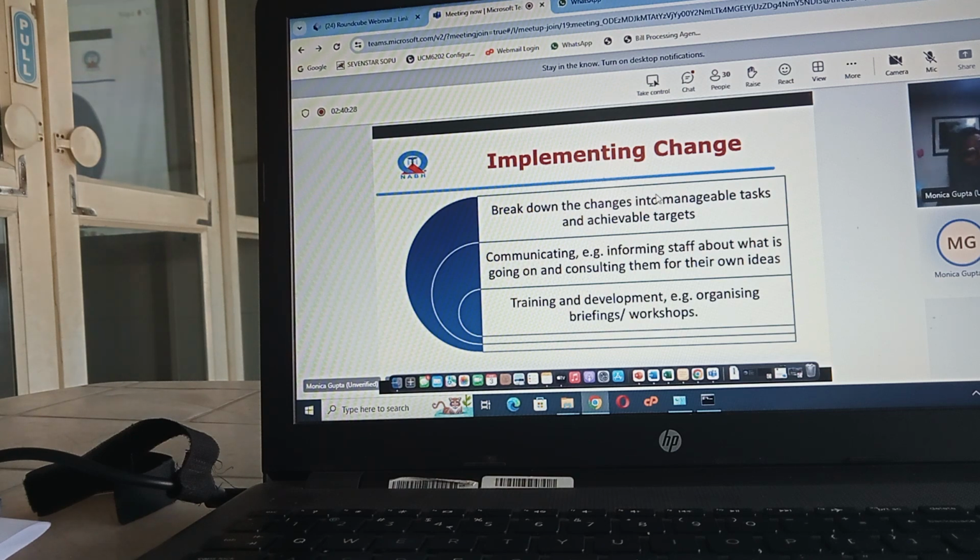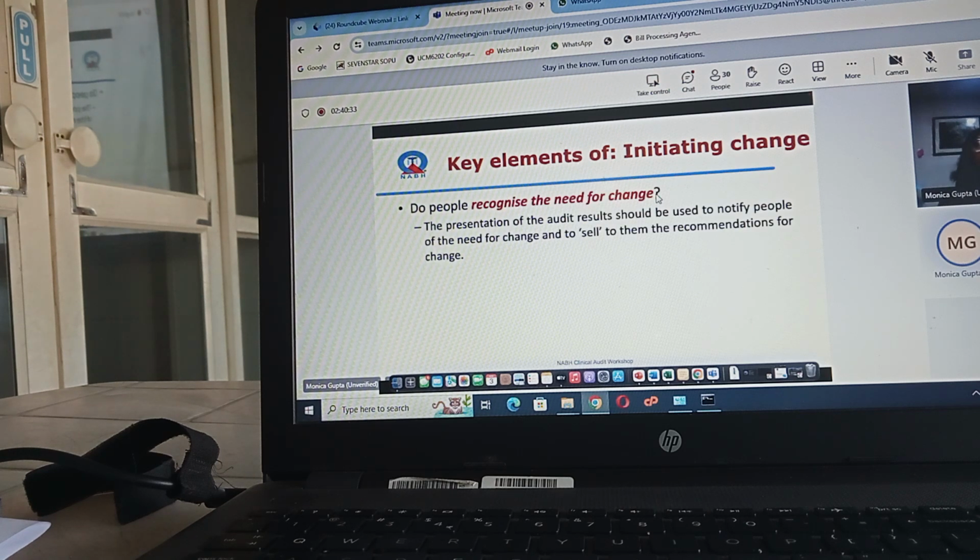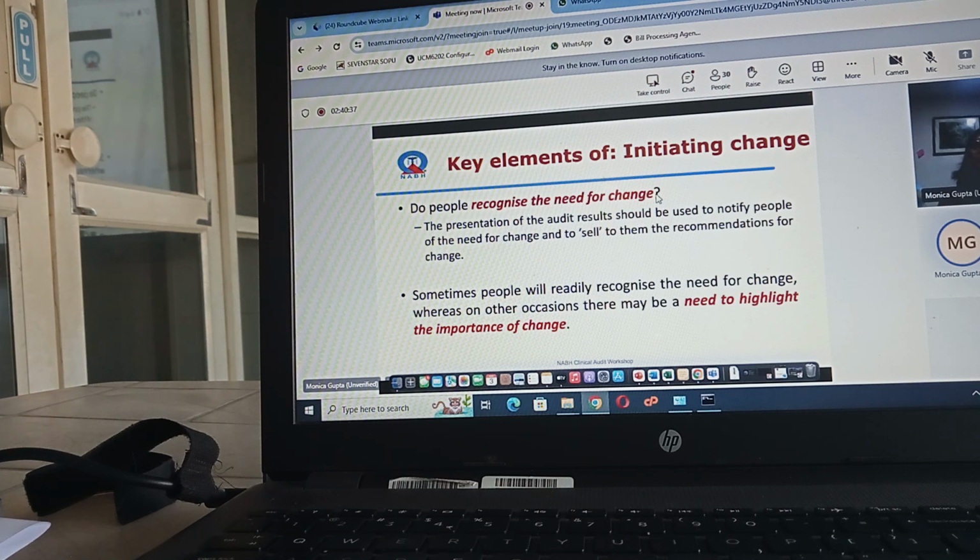Training and development, for example, organizing briefings and workshops. What are the key elements of initiating change? Do people recognize the need for change? Right? When we submit the audit report, people should be able to assess the data and figure out that there is a problem here. Sometimes you might need to talk to people and tell them, listen, we have a problem here.